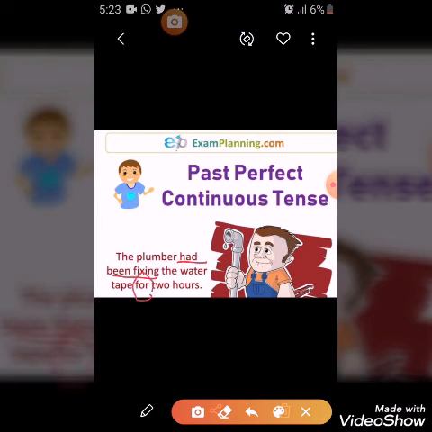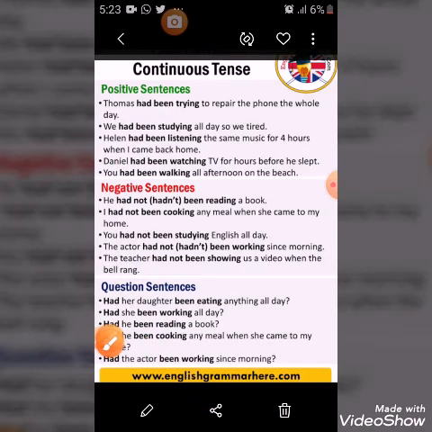I'm using for, as I told you, in my sentence. When you want to mention the time, then we'll use for, like for 2 hours, for 5 hours, for 2 days, right? This is how we can use for in our sentence.